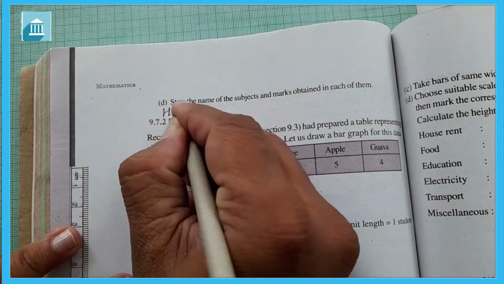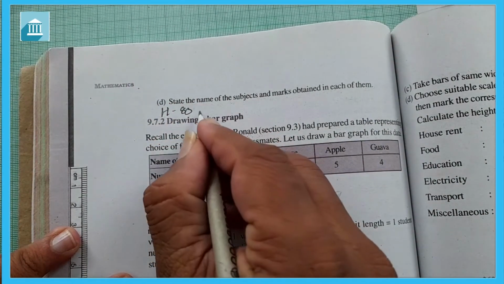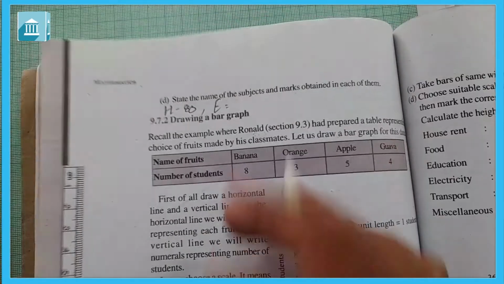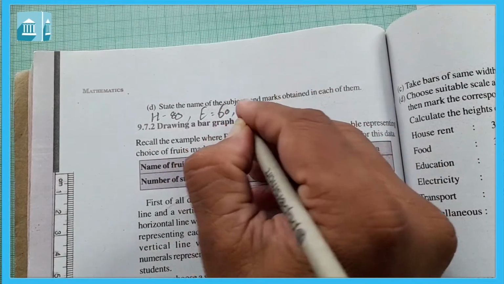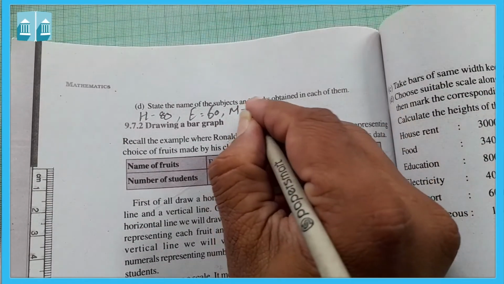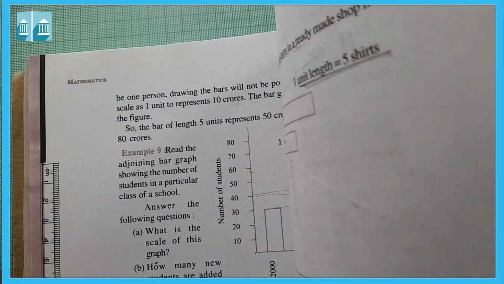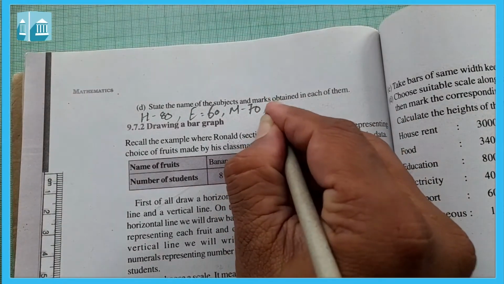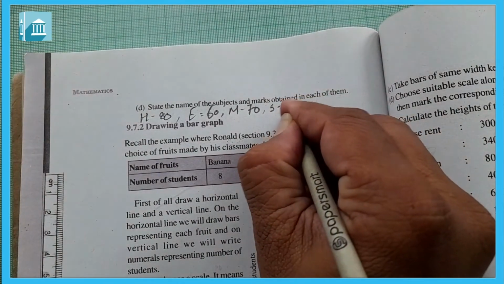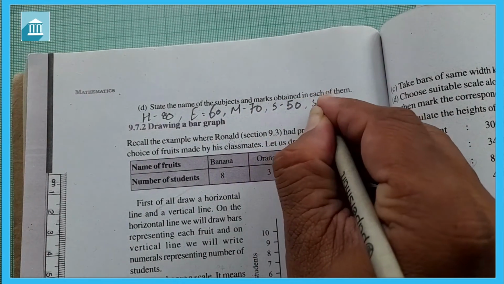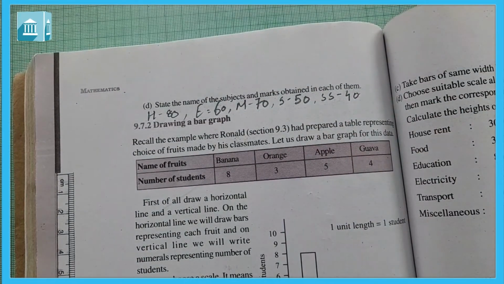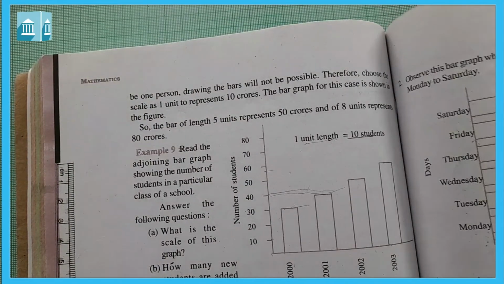For example, in Hindi 80 marks, in English 60 marks, then in maths 70 marks, then in science 50 marks, and in SS it is 40 marks. So in this way we can write the numbers.